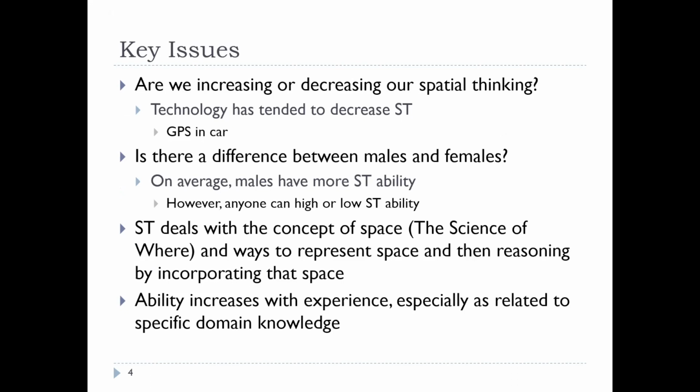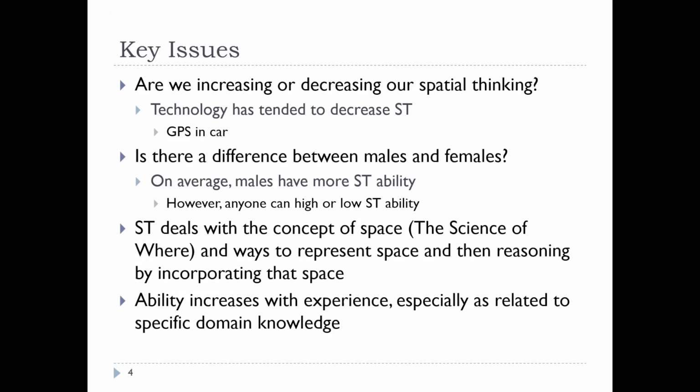So what are some key issues here? As I just said, we can ask ourselves, are we increasing or decreasing our spatial thinking? And I think we have to be somewhat aware that technology has tended to decrease our spatial thinking, or our need to think spatially on our own.